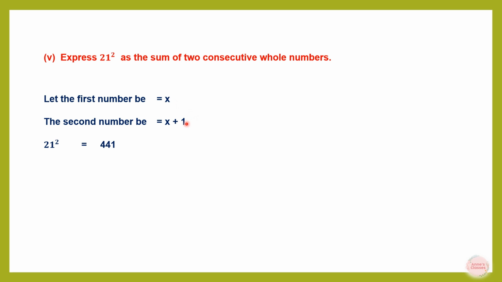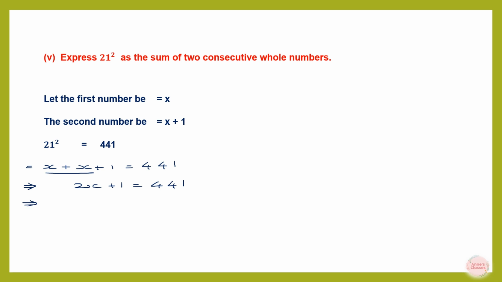So x plus x plus 1 is equal to 441. So if you add up x and x plus 1, both the numbers, you will get 441. So now let's solve for x. Let's find out the value of x. X plus x is 2x. 2x plus 1 is equal to 441.